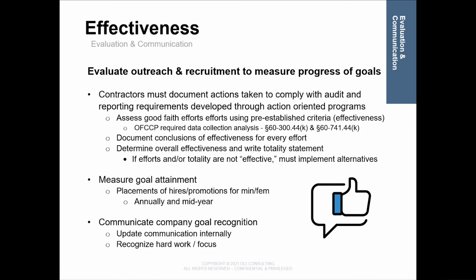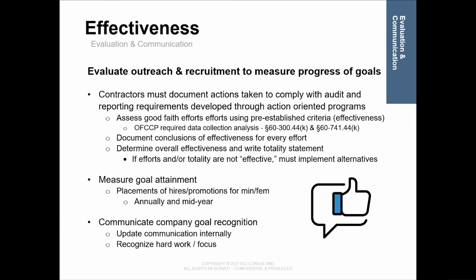A successful audit and reporting system is going to include monitoring of progress towards your stated goals, also include routine and periodic reports on the status of your goal attainment, and then also discussion and recognition of actions to improve your progress.